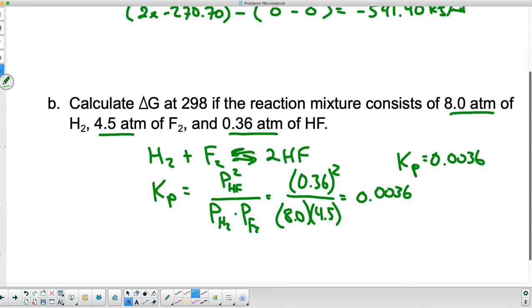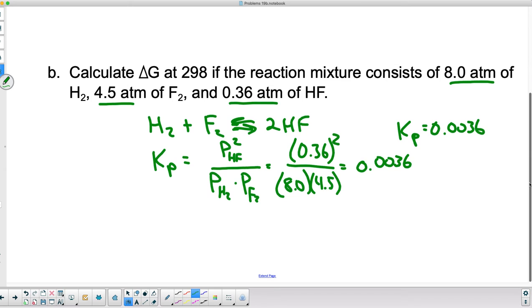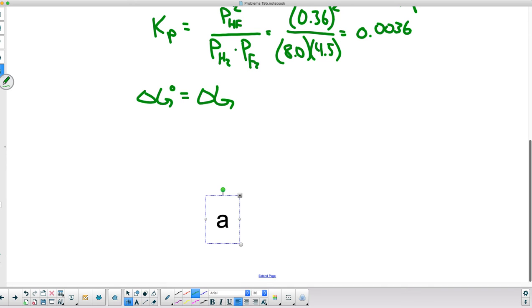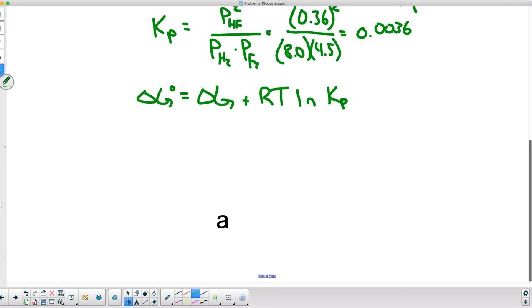So what is our equation? Our equation for this is going to look like delta G equals delta G standard, let me make sure I know what I'm talking about so I don't give you the wrong information, plus RT natural log of the Kp.